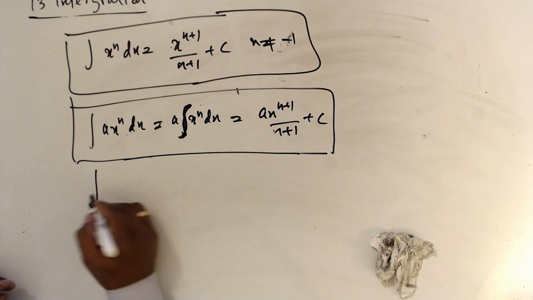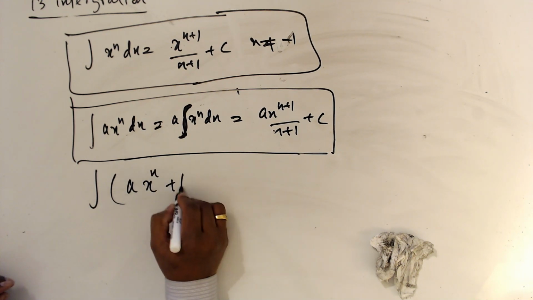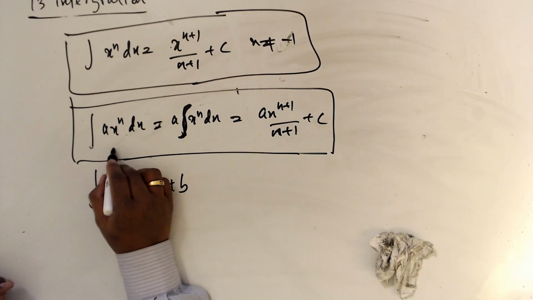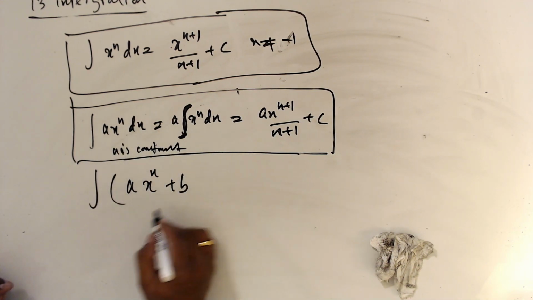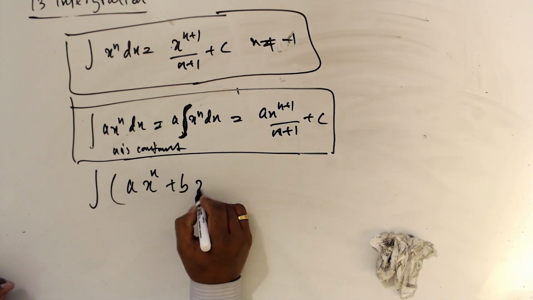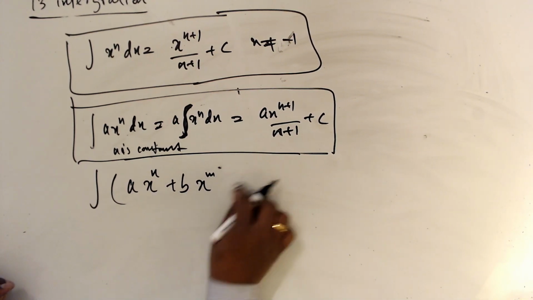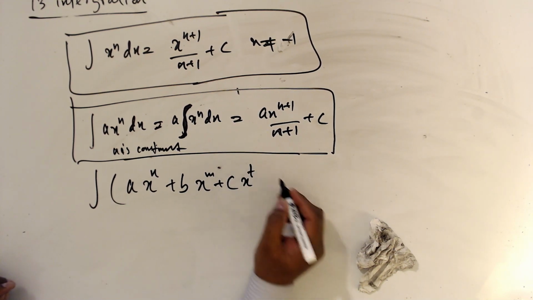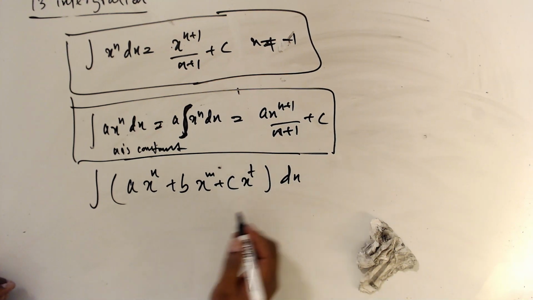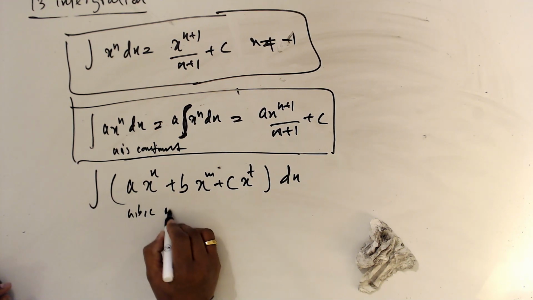Now another standard equation. Integrate ax^n plus bx^m and cx^t dx. Here a is a constant, and a, b, c are constants.